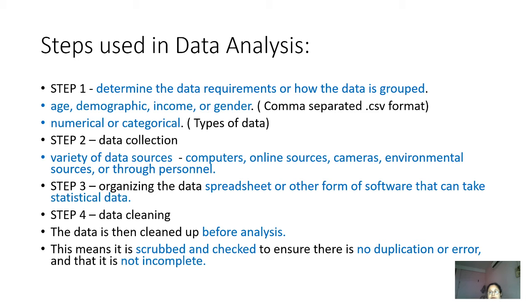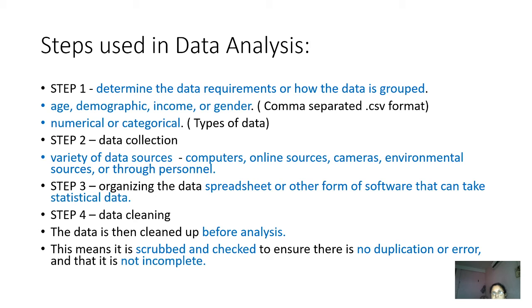In step number 4, it is data cleansing. In data cleaning, data is cleaned up before the analysis. When we use this term, it means if there is duplicate data, it will be easier for us if we remove that duplicate data, or if there are any missing values, then we can even remove that particular field.